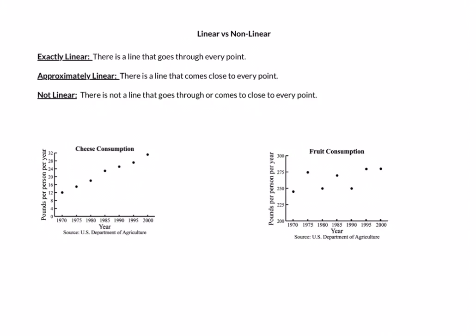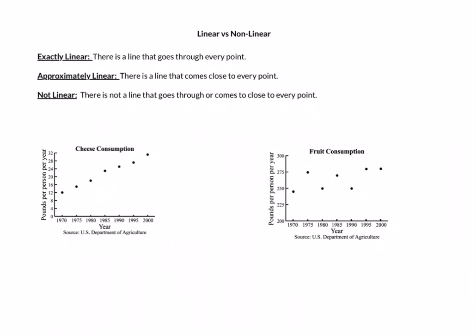And the last one we have is not linear, meaning that there is no linear relationship, whether it be exact or approximate. There is not a line that goes through or comes close to every point. Not linear, for now, what we're going to say is that they kind of appear random.